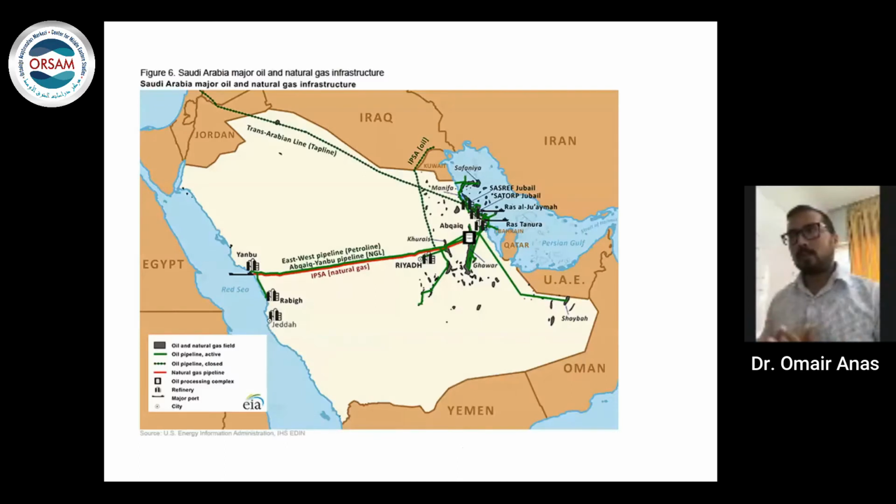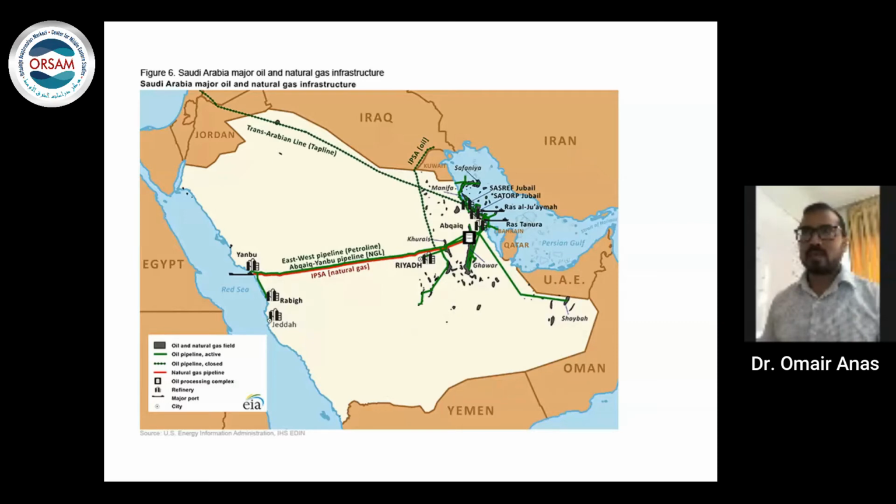In this map, you can see that these energy resources are being transported from their origin to their export places. All the energy, gas and petrol, has to be exported either via sea, I mean by huge ships of course, or via pipeline.